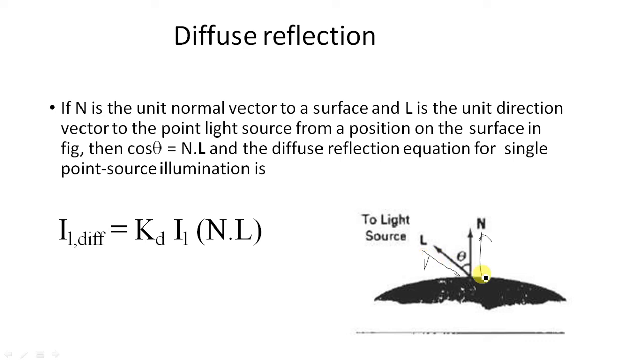Then cos theta is equal to N dot L. So the normal vector is a unit vector, and the other vector is in the direction of the light, and the cos theta between them is N dot L. By replacing cos theta, we get IL diffuse equals kd times IL times N dot L, where kd is the diffuse reflection constant and IL is the intensity of light.